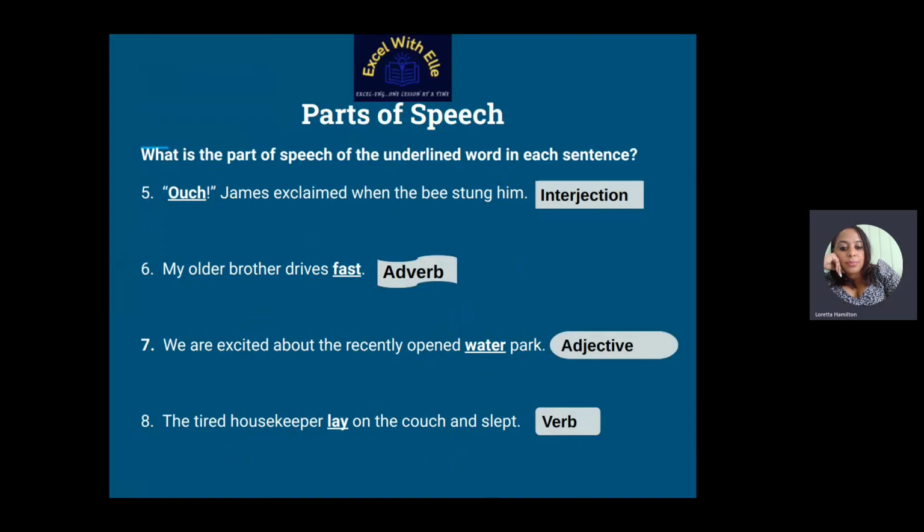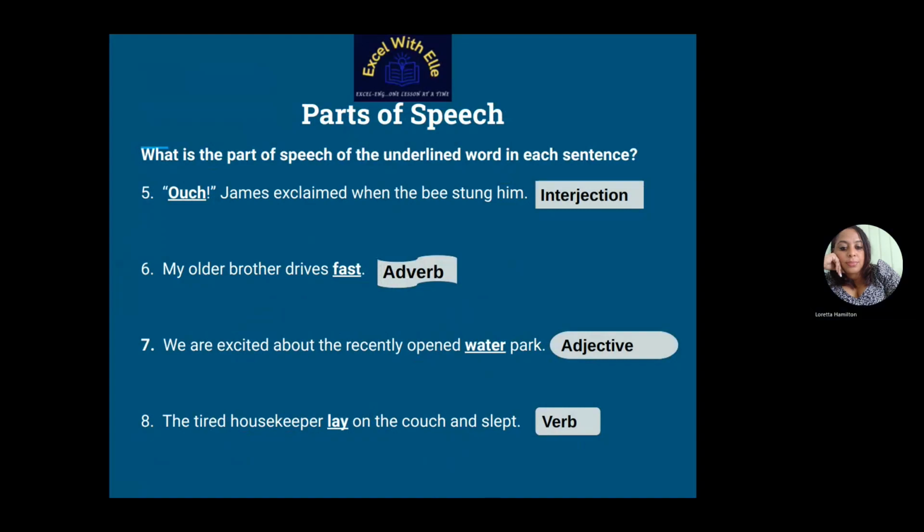Okay, and just like that, we've come to the end of this lesson. So what you should take away from this lesson is, firstly, there are 8 parts of speech. Secondly, when we talk about parts of speech, we're talking about that grammatical concept that has to do with the function or the functions or the work of words in sentences.